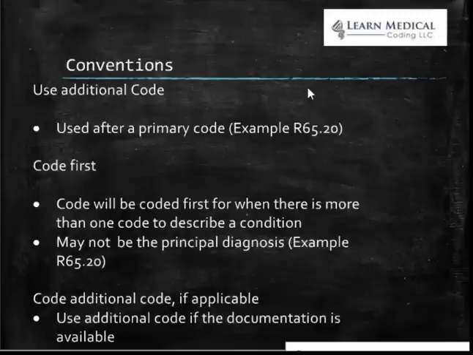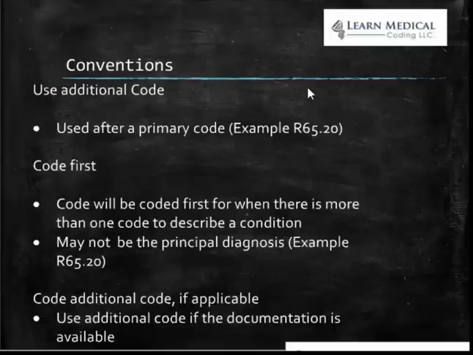And then the additional code would be the N17 point, whatever that last character would be based on documentation. So in order to code severe sepsis, there will be three codes required. You need to code a code first, then you would code the severe sepsis, and then you would need to code an additional code to represent the organ dysfunction or failure.